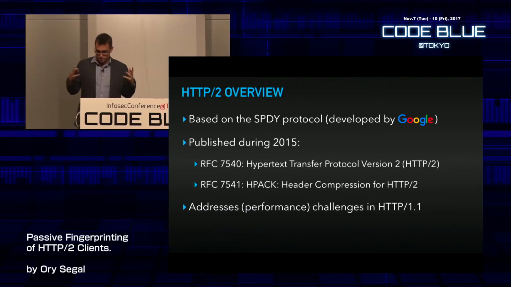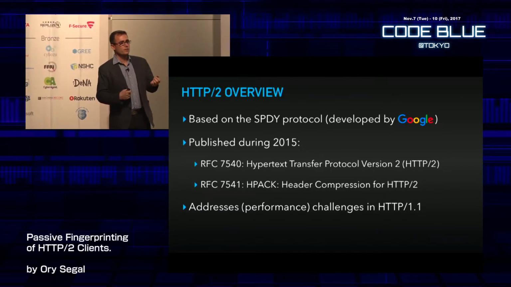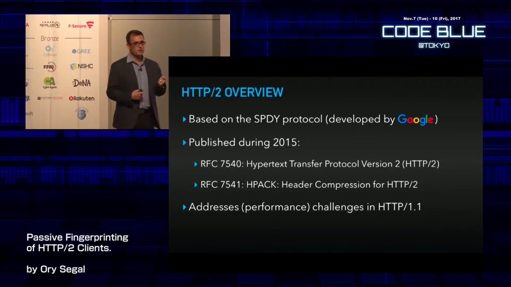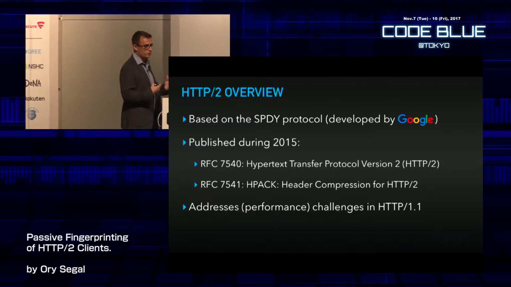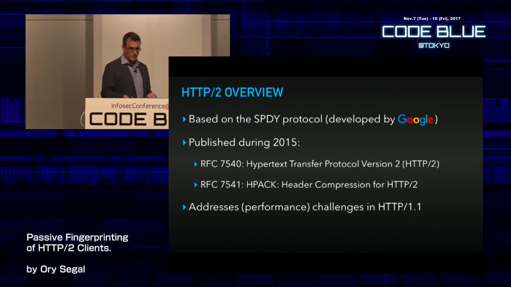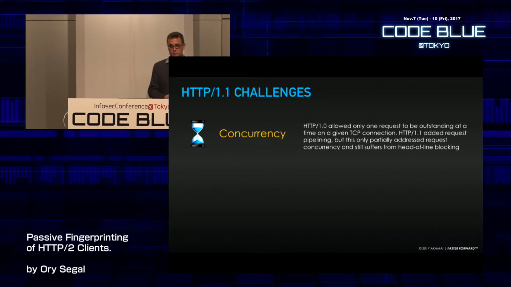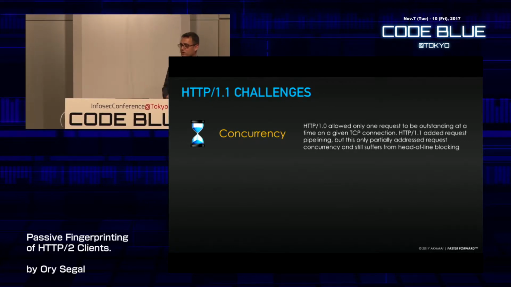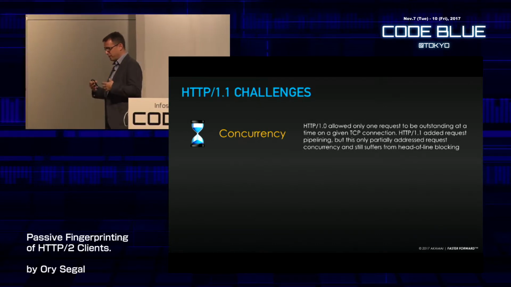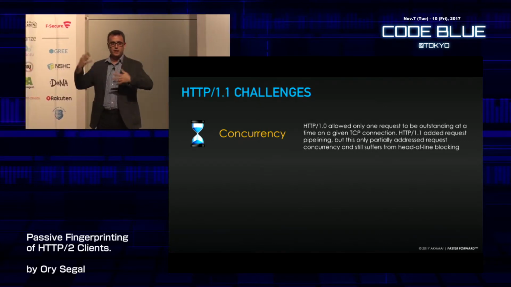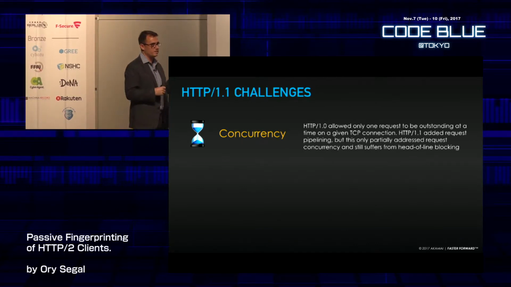I think the most important purpose of HTTP2, or the reason it came into being, was to improve performance. There are a lot of performance issues inherent to HTTP 1.1 and 1.0, obviously, and we're going to talk about them now. HTTP 1.1 didn't really handle concurrency very well. If you open a browser and go to a page that is loading a lot of different images and scripts, at some point you see that the page is stuck.